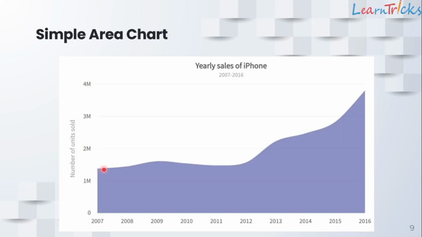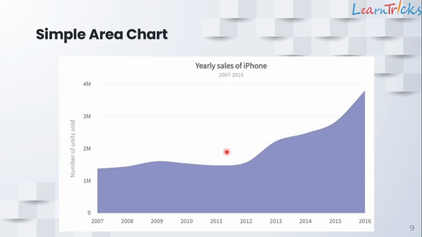And if it was a line chart, we would have different points: a point for 2008, 2009, 10, 11, 12, and at the end the last point for 2016, and we would have joined all the points by using a straight line.